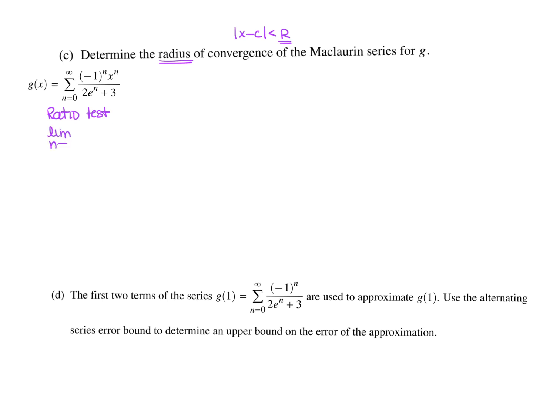So the limit as n goes to infinity of a n plus 1, replace all the n's with n plus 1. Then we're going to divide by the original one. Multiply by the reciprocal.